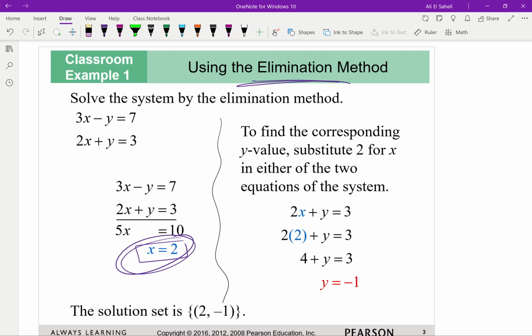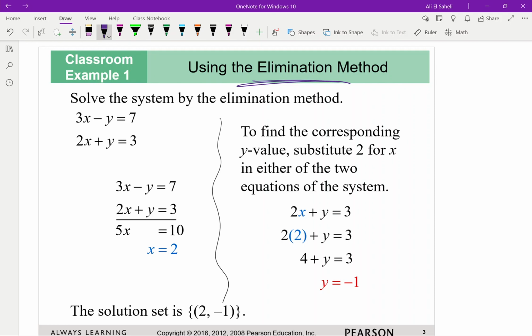Or you can do the same procedure, eliminate x instead of eliminating y. But in this case, it's easy, but it's not as easy to eliminate y, because you want to eliminate x, I mean.